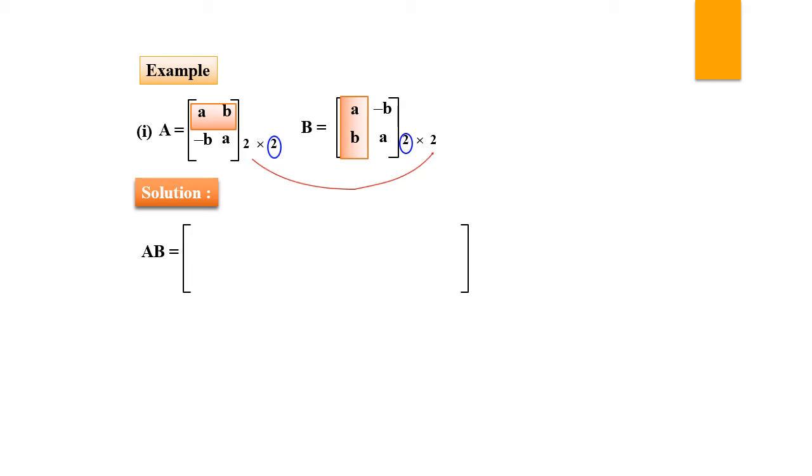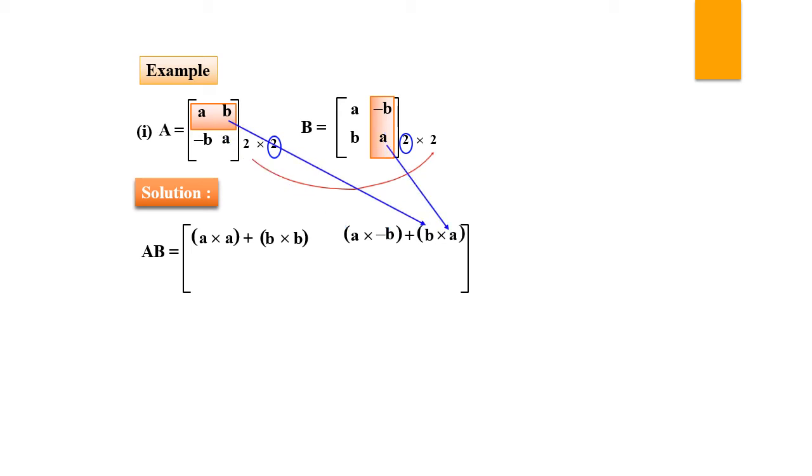So a into a we get a square plus second element into second element we get b into b. Next we will multiply the first row with the elements of second column. So a into minus b plus b into a.